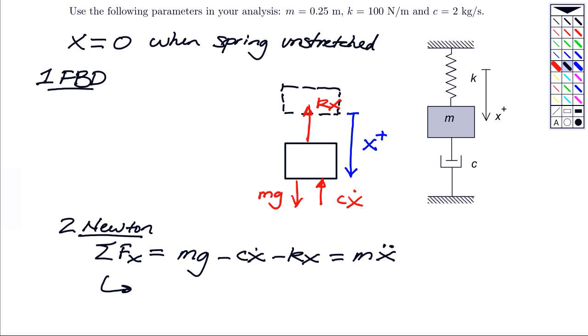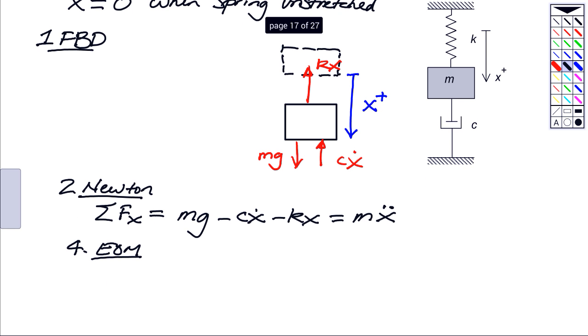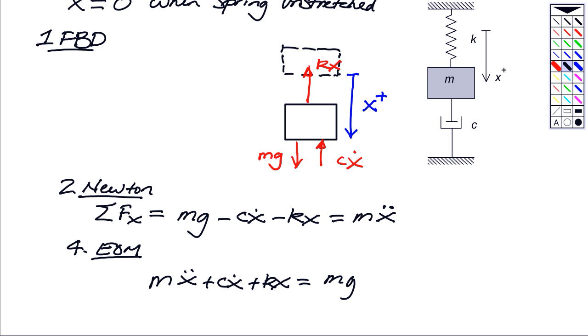So from this, our equation of motion, let me designate this as such. The equation of motion is m x double dot plus c x dot plus k x is equal to the weight mg.